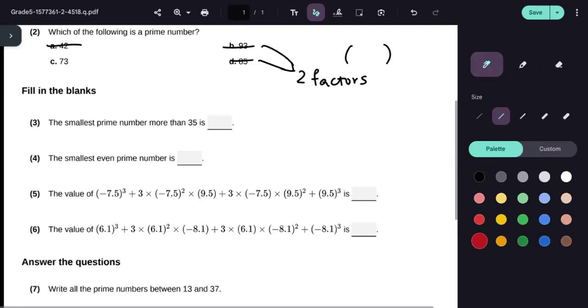Okay, so now your only answer is C, 73. Okay, 73 cannot be divided by any other number. If I try 73 divided by 2, 36.5, no decimal is allowed in a prime number.